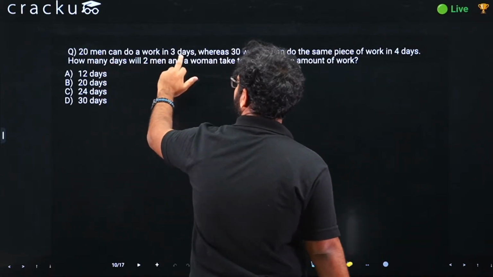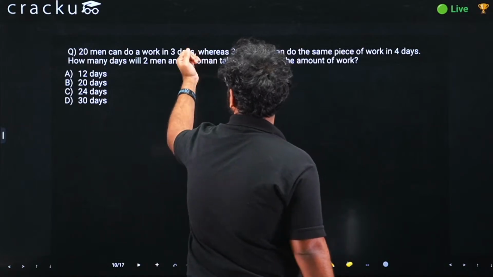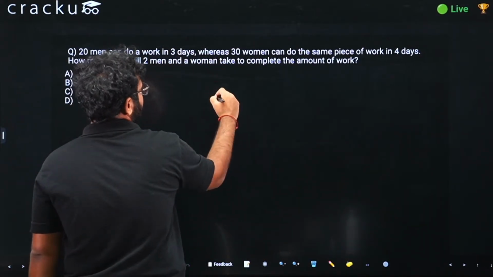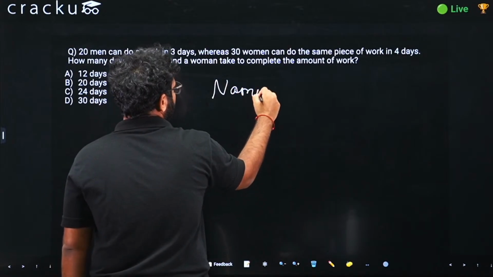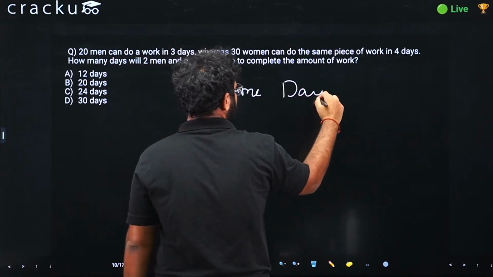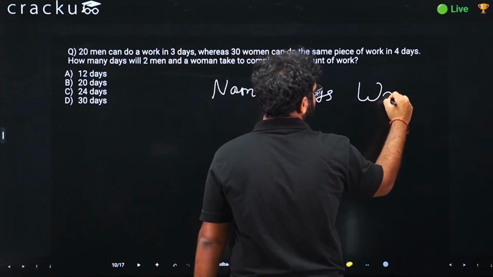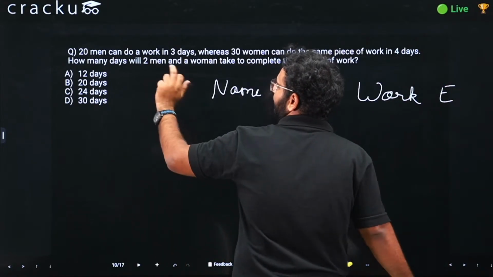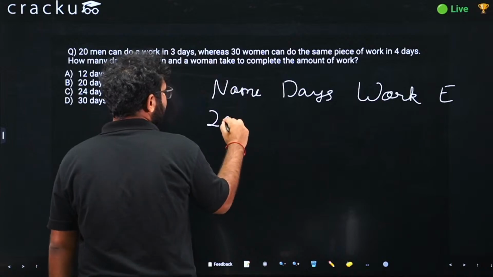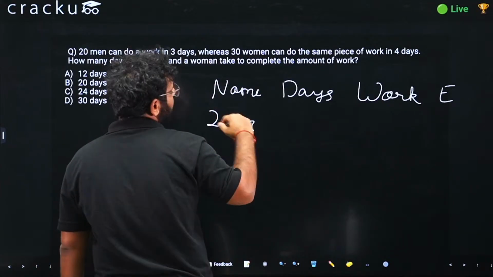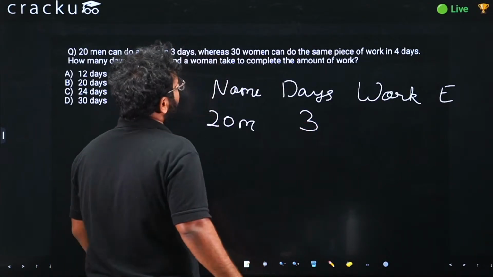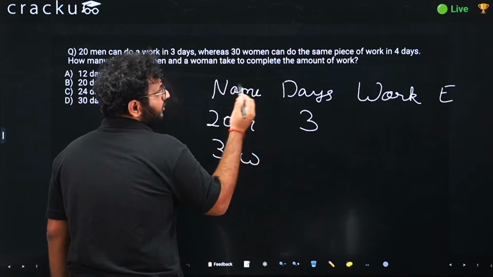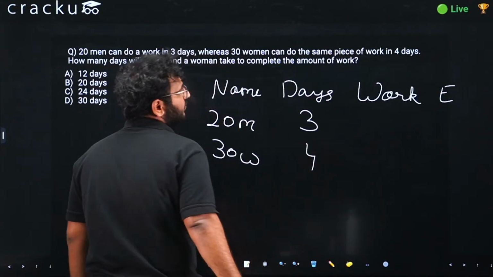So 20 men can do a work in 3 days. I will write here men, name, days, work, and efficiency. So 20 M can do the work in 3 days, whereas 30 women can do the same work in 4 days.